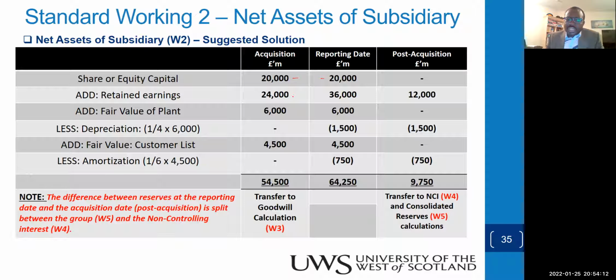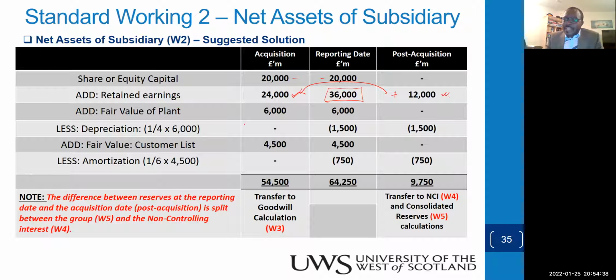Again, I showed you that at the date we acquired it, the retained earnings of the subsidiary was 24,000. Now we were told that after acquiring it, it made an extra 12,000 post-acquisition. It means at the reporting date, it was 36,000, simply our 12 plus our 24, right?